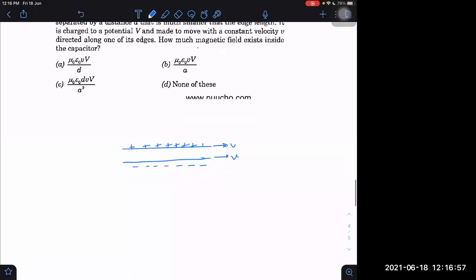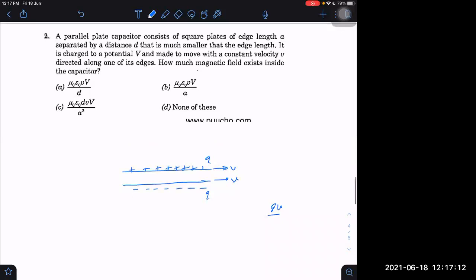If it has total charge q, what will be the current? Q into v will not be current, but q by time will be current. Let me see, qv by L can be regarded as current. If I consider the total length as L, then qv by L will be current, right or not?